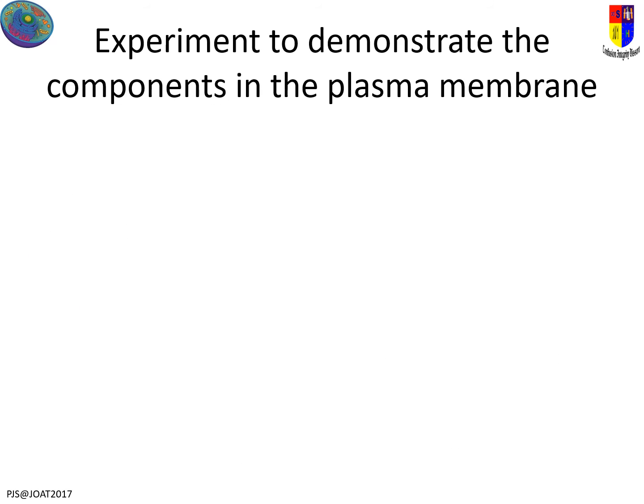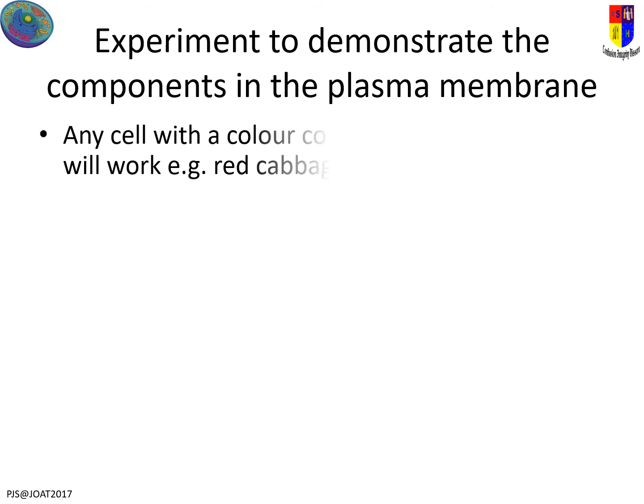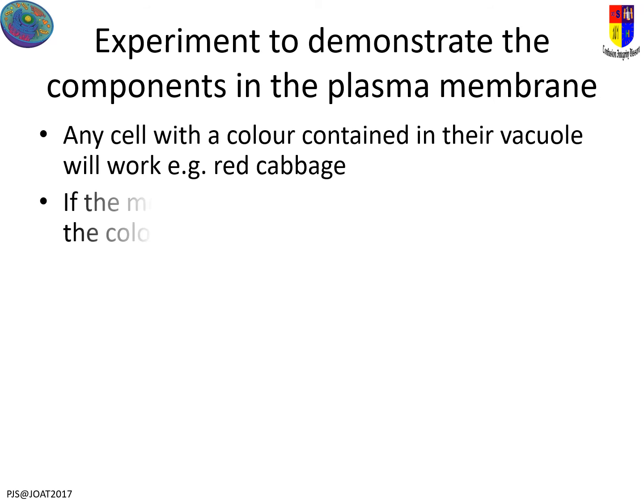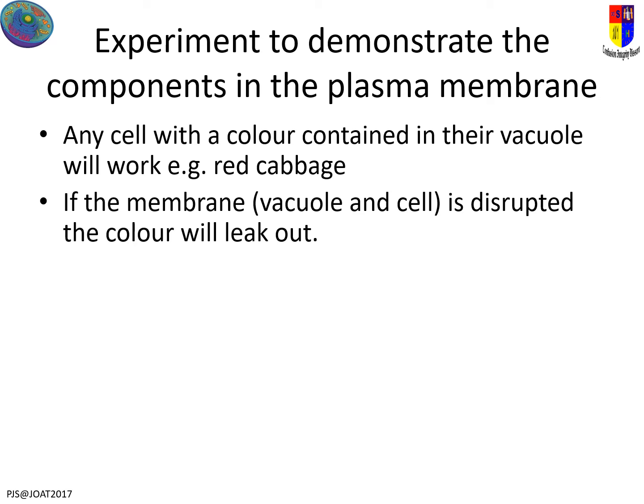Okay, so just to say that one of the experiments that we might do to prove this, and if we were in school we would definitely do this one, you take something like red cabbage, and in a red cabbage cell, if we could wreck the cell membrane and the vacuole, then all the colour would leak out.